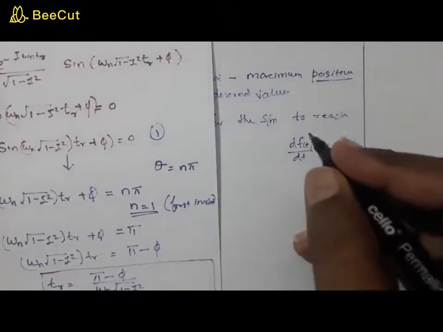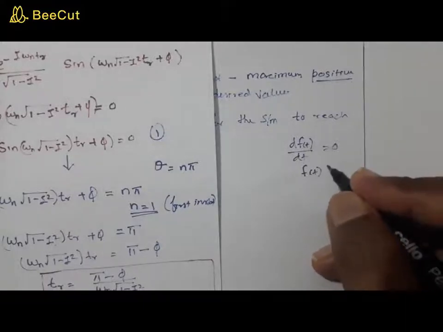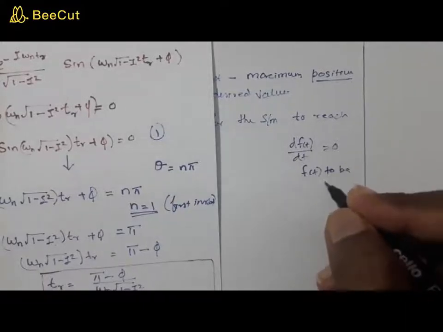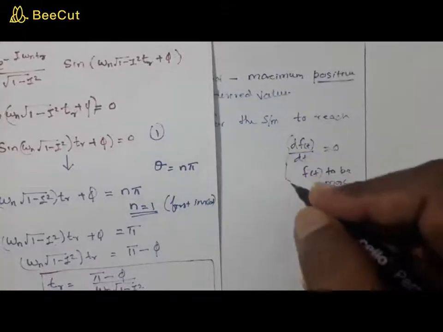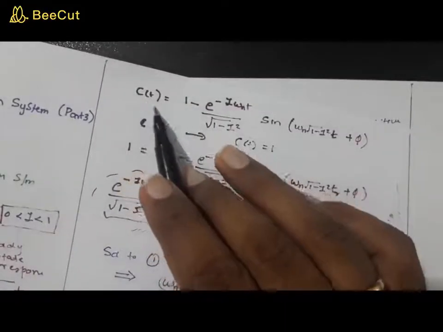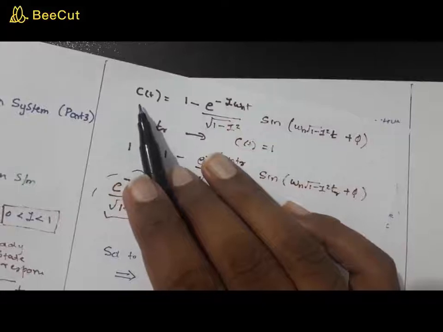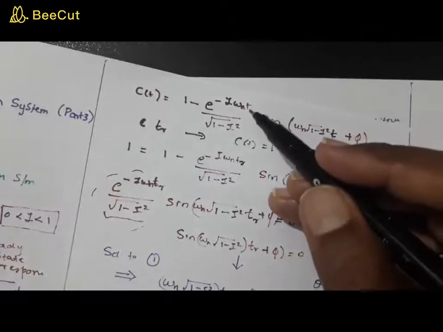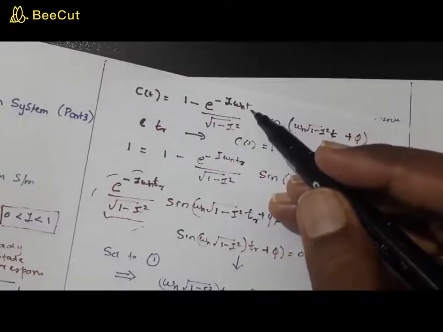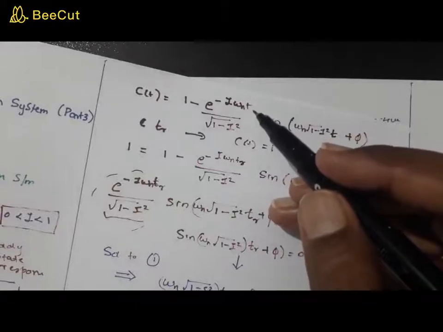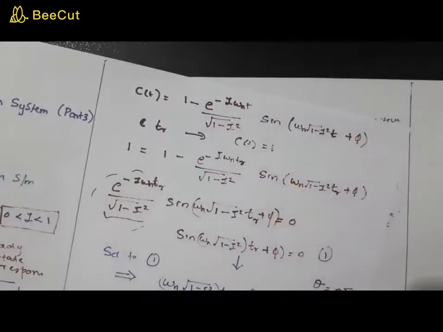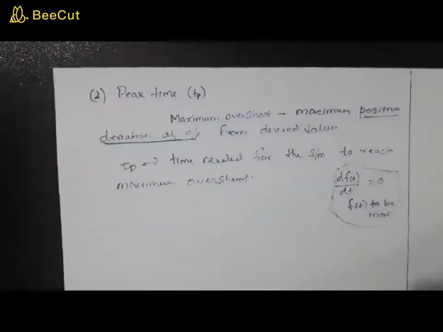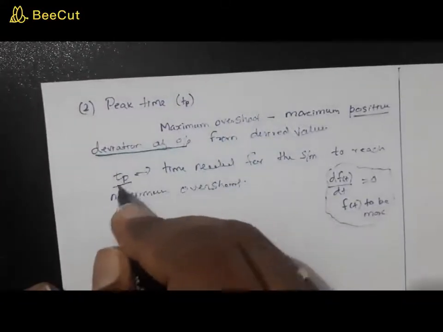You have studied this in your lower classes. Now you are going to apply the same thing to this time domain function. You will differentiate this function with respect to time and equate to 0. When you do that, you can call this t as TP because that is the condition. From that you will get that value of t, and that t is called your peak time, which we designate as TP, T suffix P.